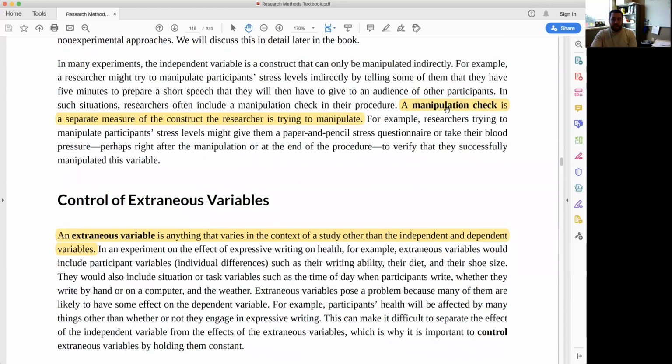A manipulation check is a fancy tool that we can use to make sure that what it is that we're trying to manipulate actually worked. So when I was talking about the attractiveness photos, well, attractiveness can be subjective.